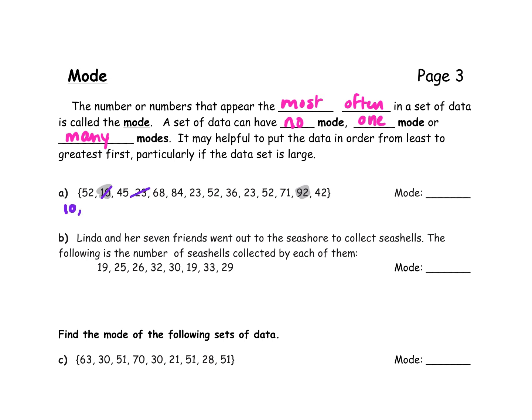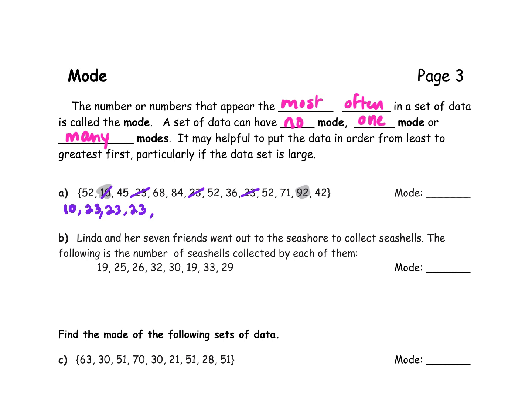So I'm seeing 23 as the next number, and I see 23 again. So far we have two 23s, and I see a third 23. So far that's looking like a great candidate to be our mode.